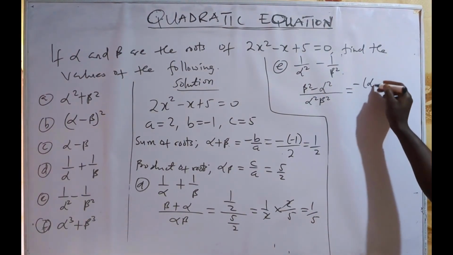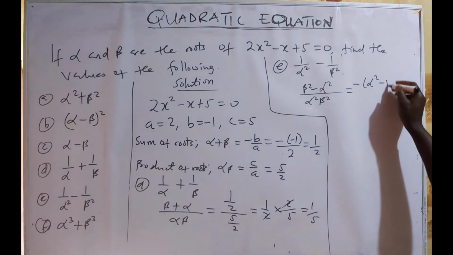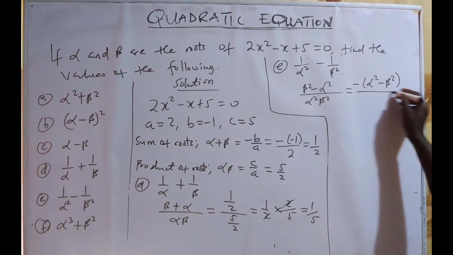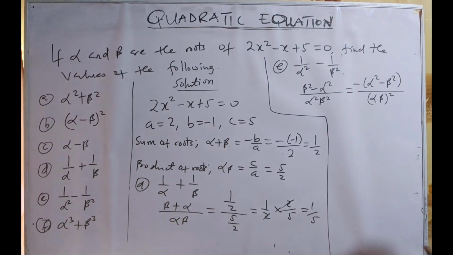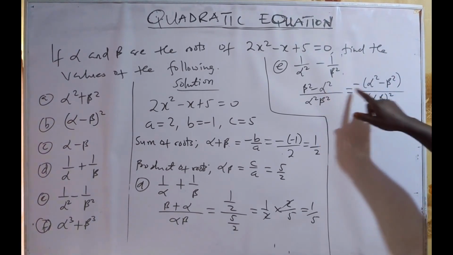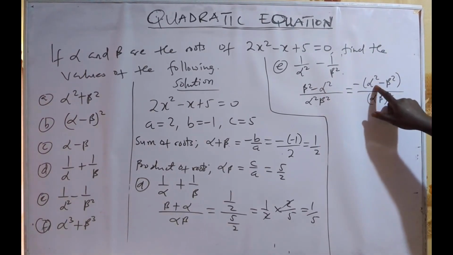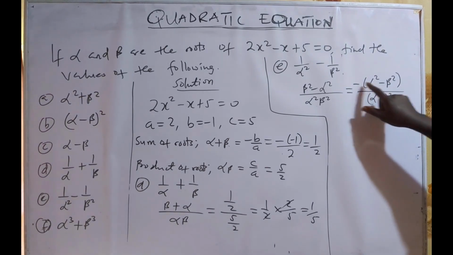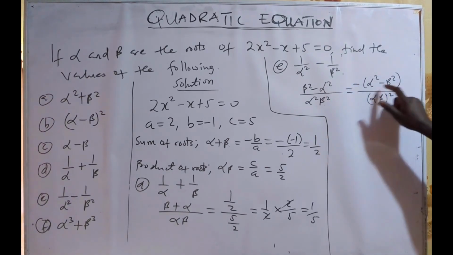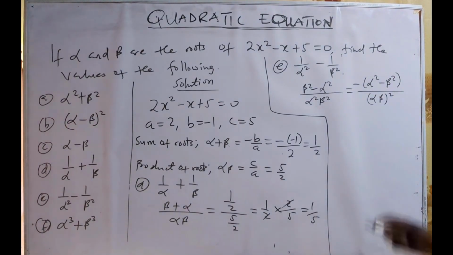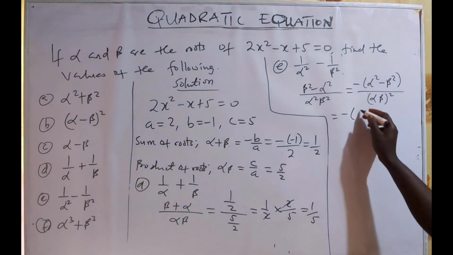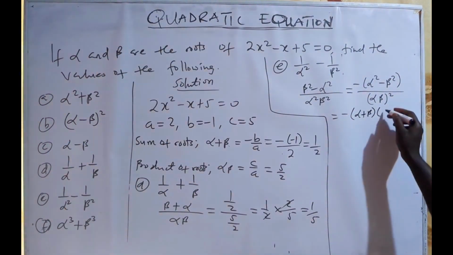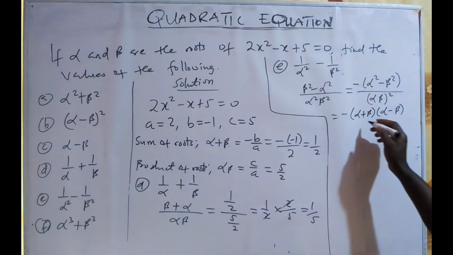Minus alpha square minus beta square all over alpha beta all squared. So when I put minus, it becomes alpha square minus beta square. Minus my plus will give me minus alpha square, minus 1 will give me plus beta square. Well, I know that alpha square minus beta square is what? Alpha plus beta, then alpha minus beta.